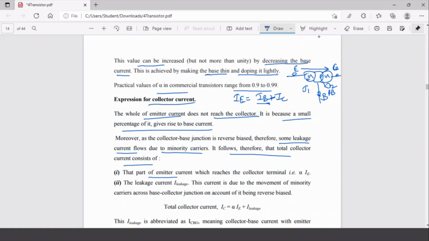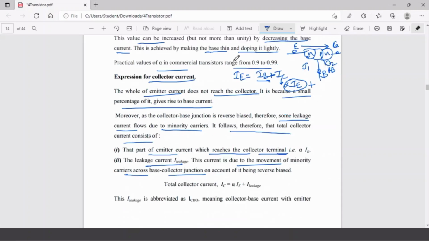The part of the current which reaches the collector terminal is alpha times our input current. Some amount of current is added to it, the reverse leakage current, known as I leakage, due to the movement of minority charge carriers across the reverse biased base-collector region.